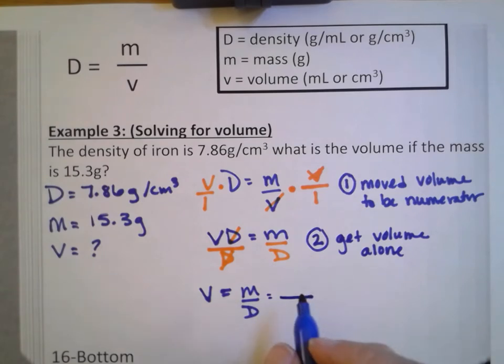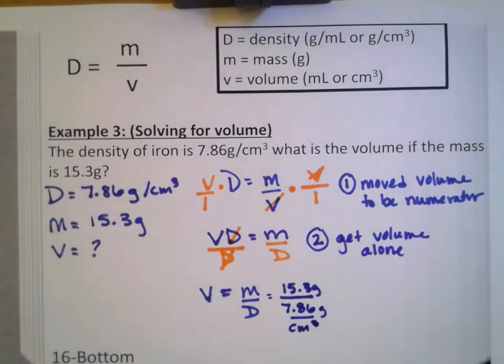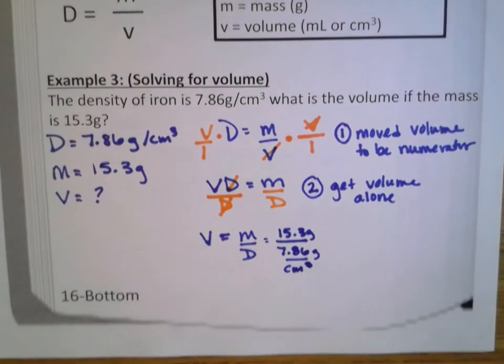So mass is 15.3 grams and the density is 7.86 grams per centimeter cubed. This is quite a lot here. It's actually two fractions because 15.3 is a number and all numbers are over 1. And I'm going to move this camera a little bit so you can see the bottom. There you go.